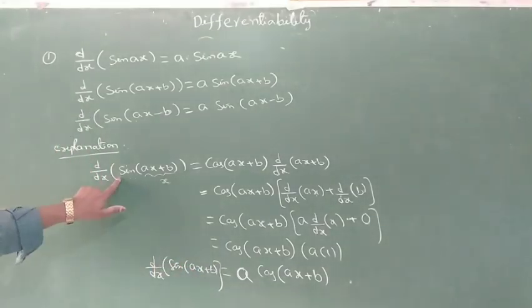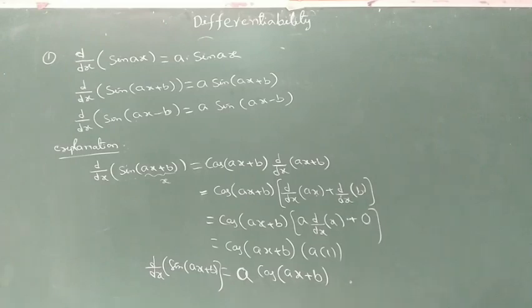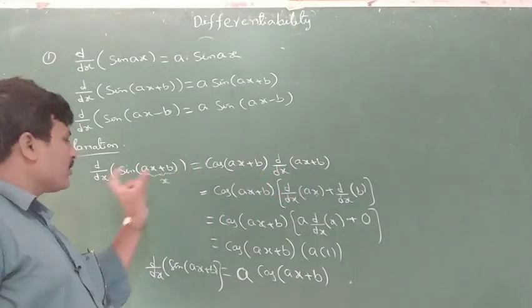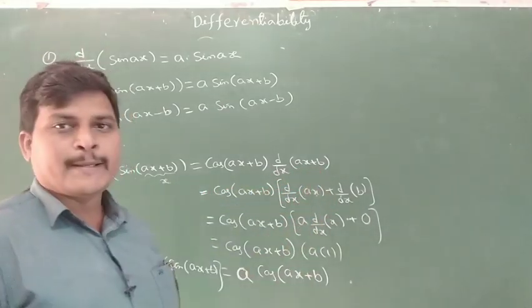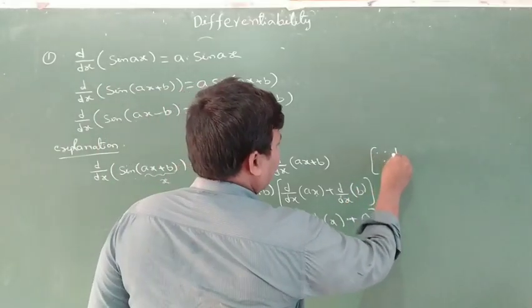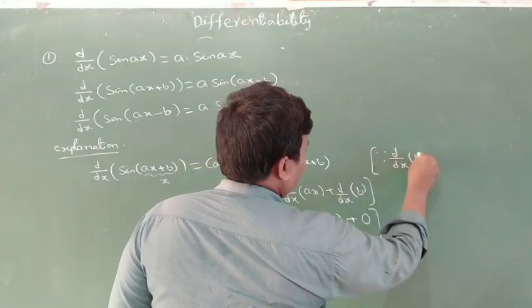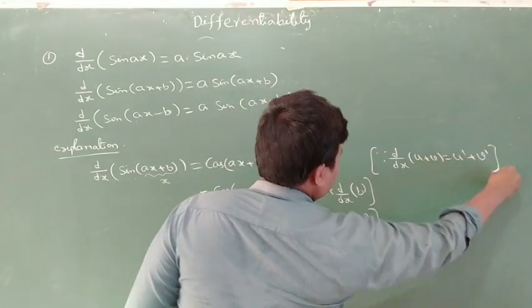Once again, this is the sine function. Derivative of the sine function is the cos function, and again the derivative of ax plus b, that is derivative of u plus v. What formula? d by dx of u plus v is equal to u dash plus v dash.